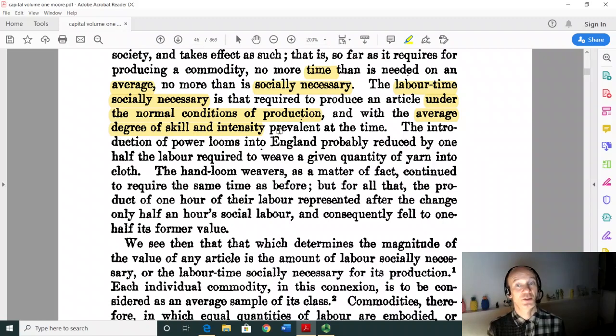So now he mentions here machines. The introduction of power looms reduced the labor time that is required to make cloth. When that happened, obviously the weavers who still used hand looms continued to require the same time as before.